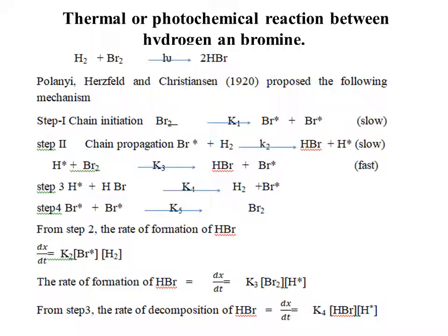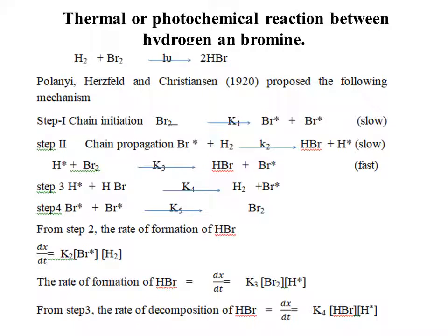From step 2, the rate of formation of HBr, dx over dt, is equal to K2 into the concentration of Br into the concentration of hydrogen. Similarly, the rate of formation of HBr, dx over dt, is equal to K3 into Br2 into the concentration of H*.